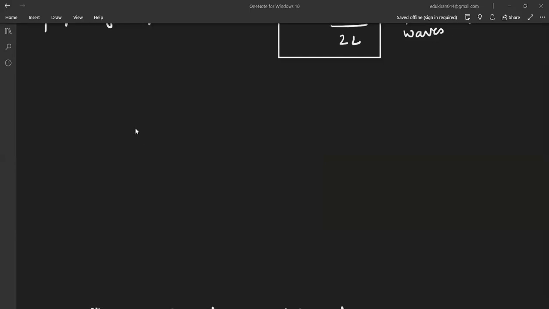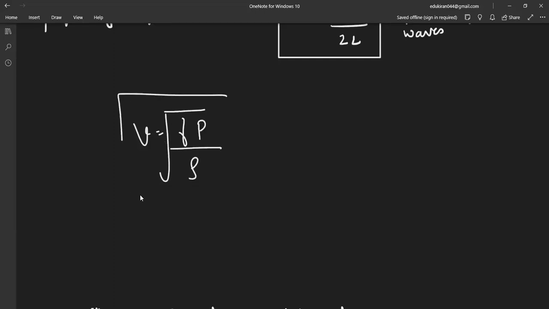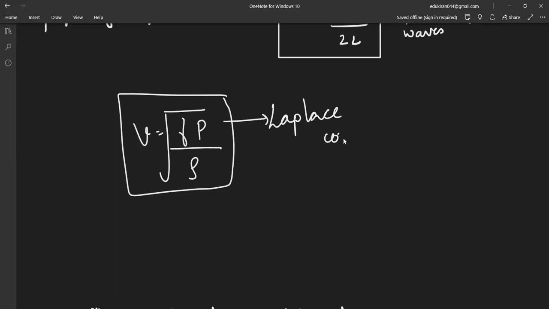Okay, one more formula we have. Gamma, which we had studied in the thermal unit: under root gamma P by rho is also one of the velocity formulas that we use. This is known as the Laplace correction. Here P is the pressure and rho is the density.